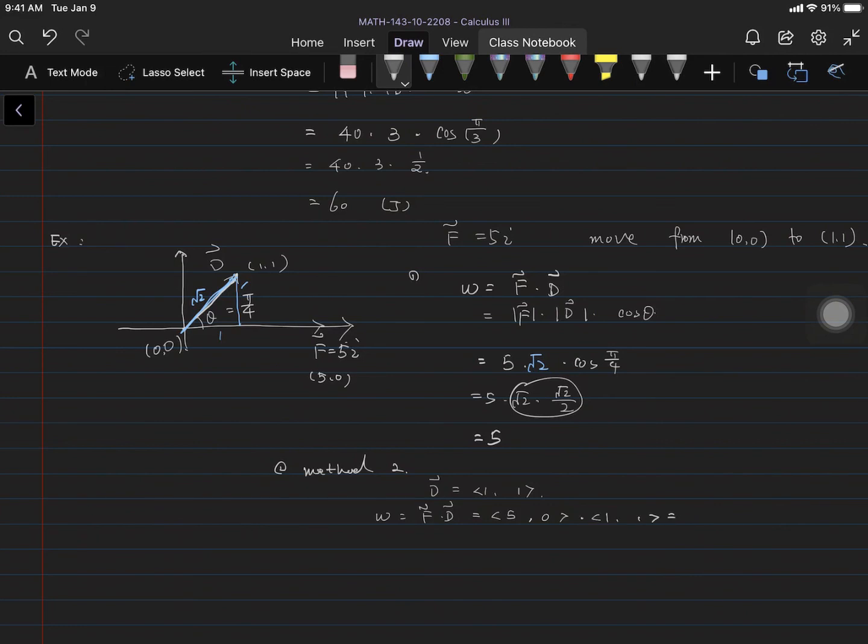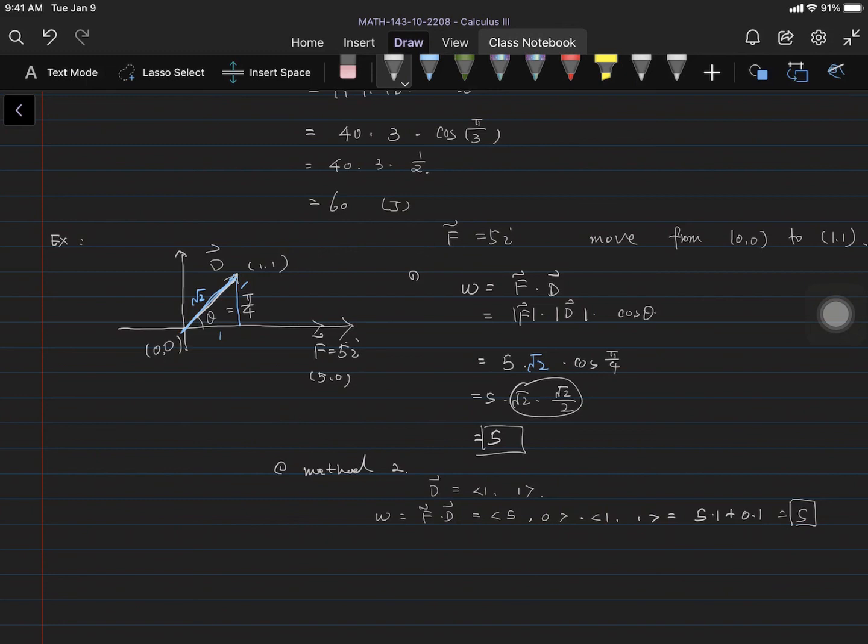If we calculate, 5 times 1 plus 0 times 1, which is 5. So you can choose either way to calculate this problem. They both work. We just need to know how to find the work: just the dot product of the force and the displacement.